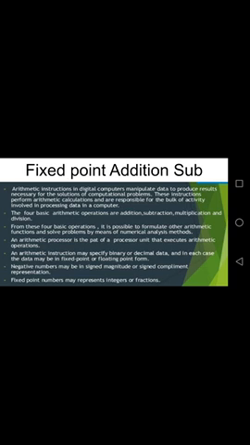And the speciality of the fixed point representation is that it has a fixed number of bits allocated for the integer part, and a fixed number of bits allocated for the fractional part if the representation is for a real number.